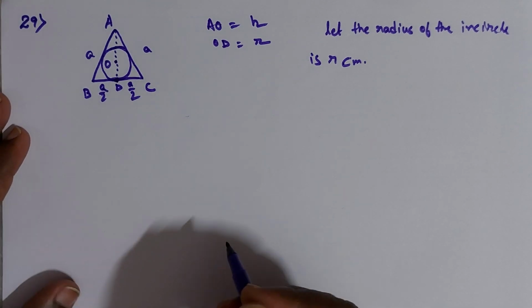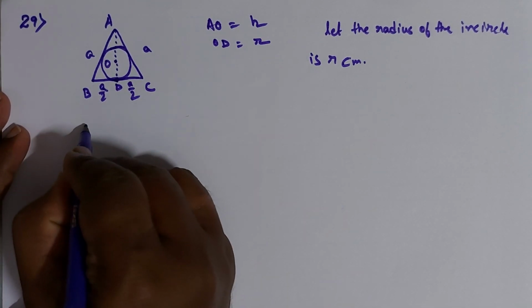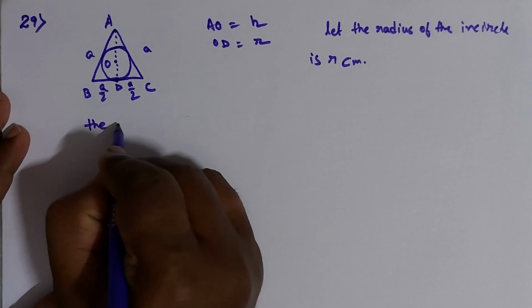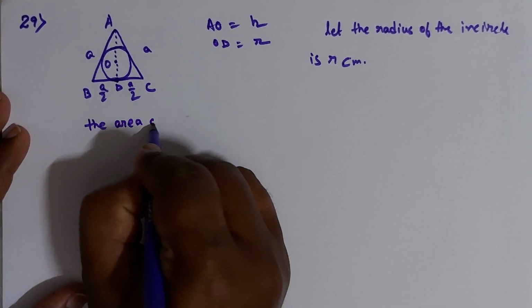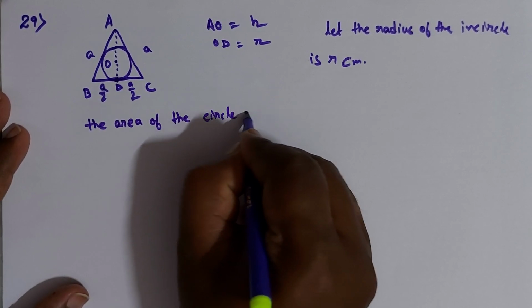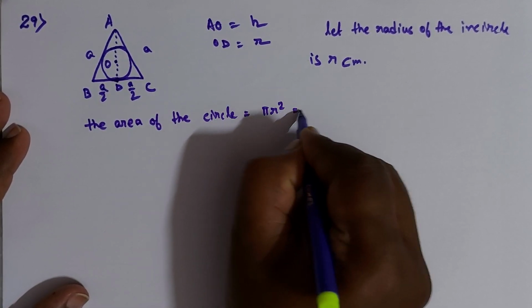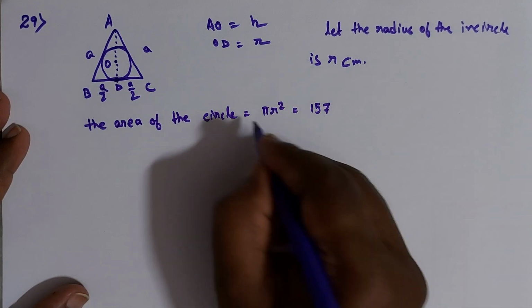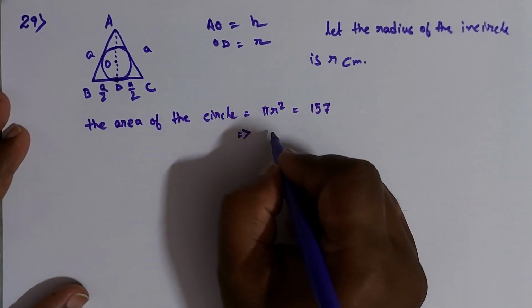Now according to the question, the area of the circle is equal to pi r square equals 154.